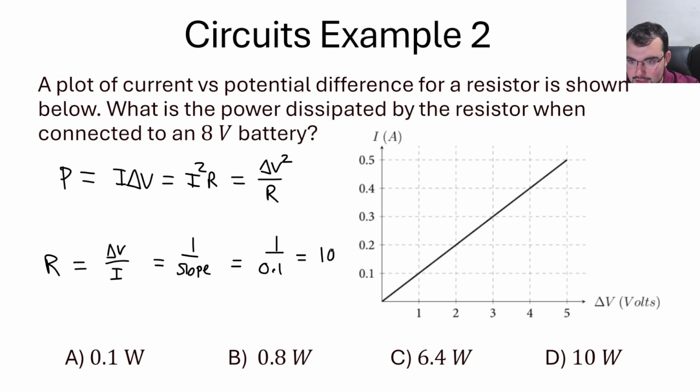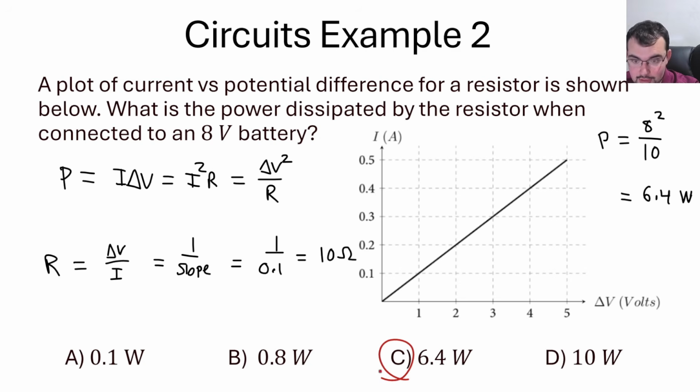That means the resistance is 10 ohms. Then plug into any formula of your choice, probably this one, because we're given the voltage. So power is the voltage squared divided by the resistance, which is 64 over 10, or 6.4 joules per second, which is a watt.